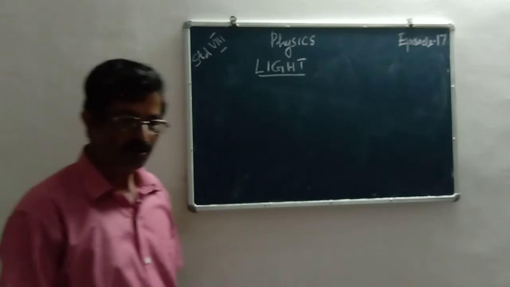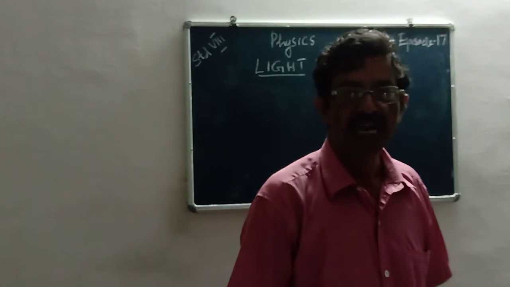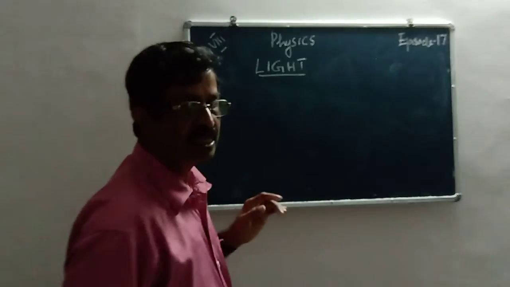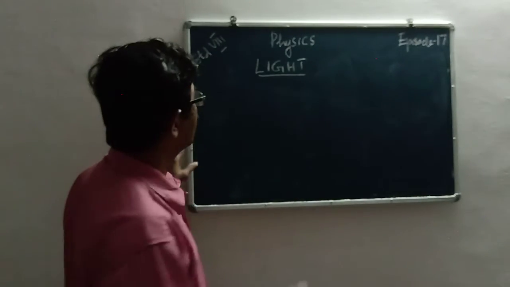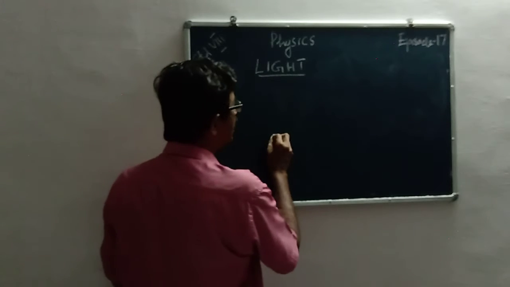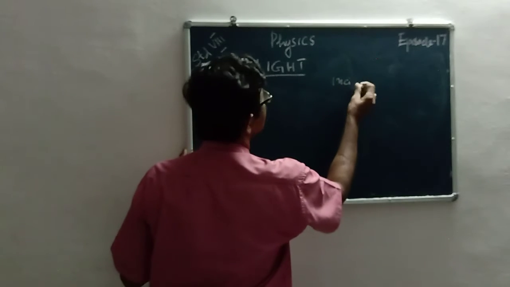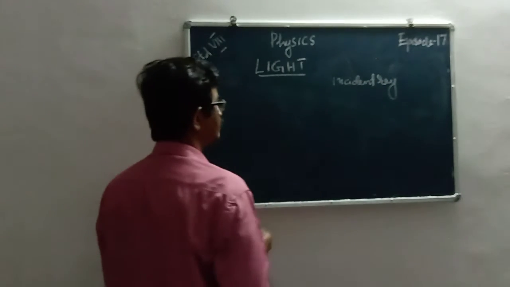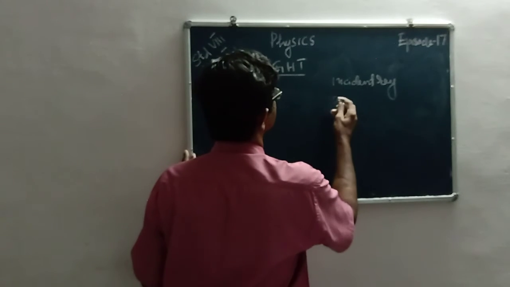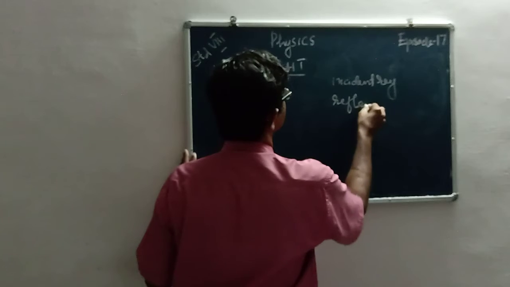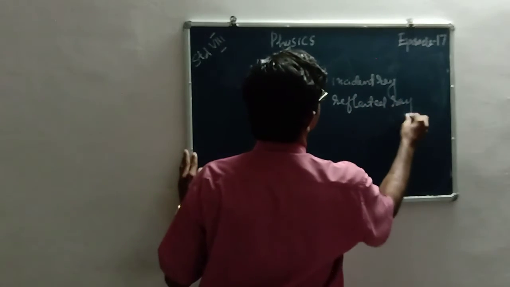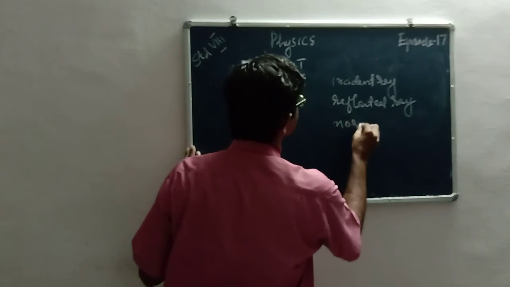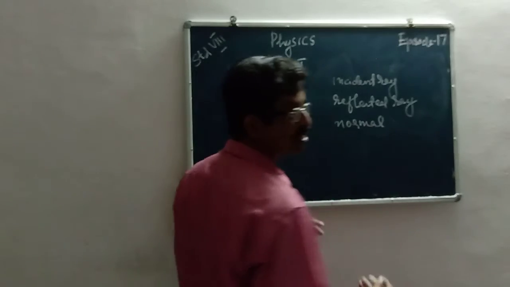For that, there is one more activity given. Suppose when we strike the ray, in this case we can see this incident ray, reflected ray, normal.